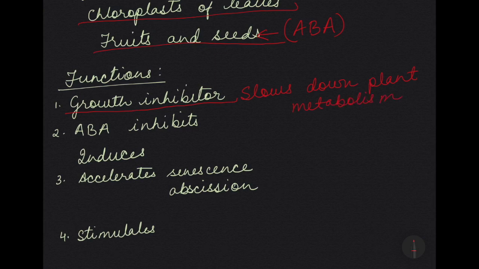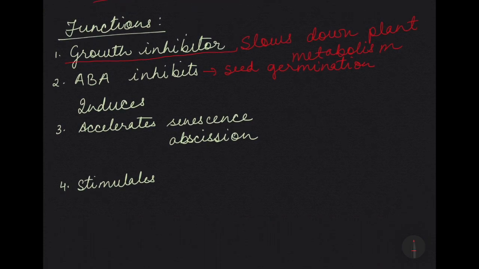Next, abscisic acid inhibits seed germination, does not allow the seed to germinate, and does not allow it to develop. So if there is no germination, then there is no question of the development of the seedling.